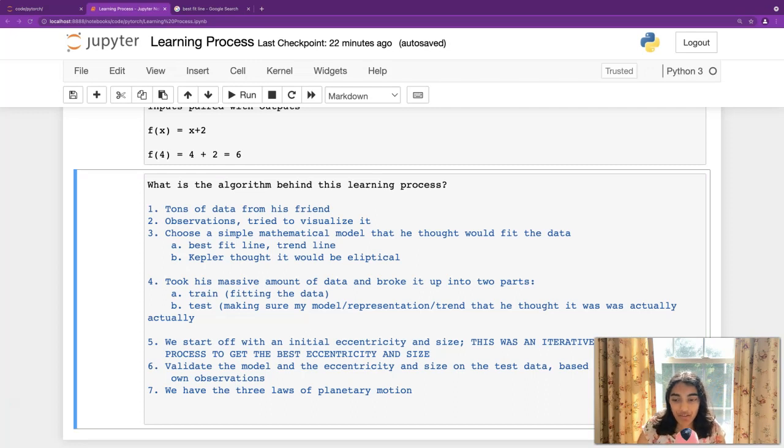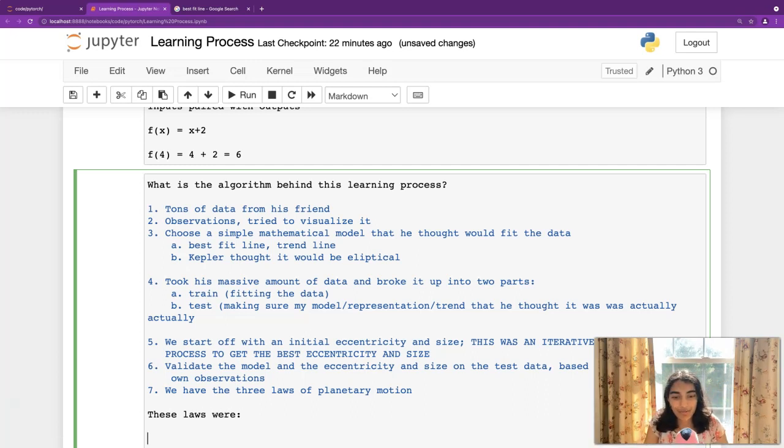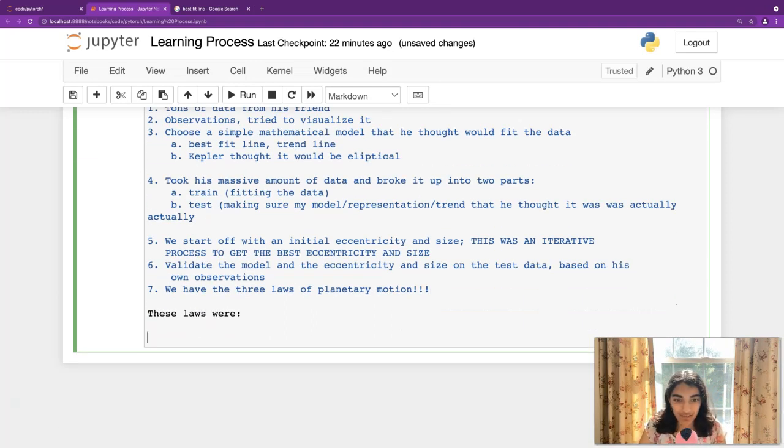Okay, these laws were, let's put triple exclamation point here and just smile, because now we have the 3 laws of planetary motion. Okay, I'm just saying this for fun, so these were his results.